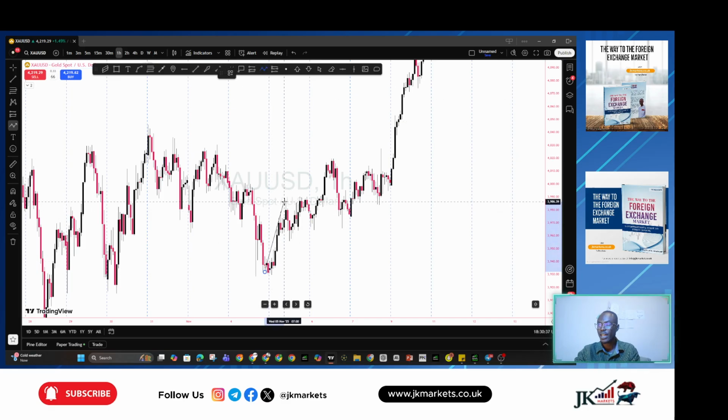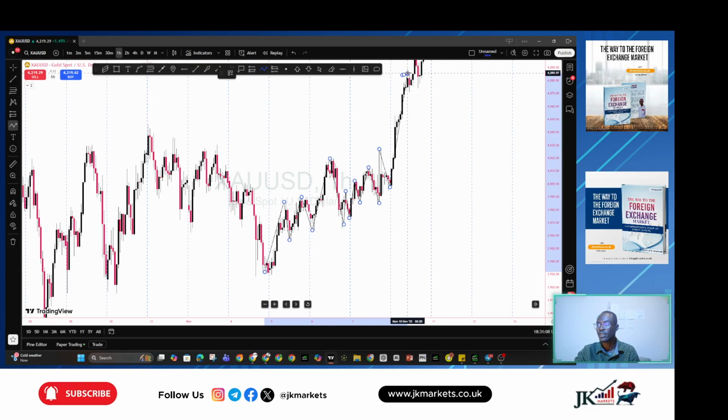This is a higher high, higher low, because this one is higher than this, that's a higher high. This is a higher low. This higher high, higher low, buy. Then you can see something here. Higher high, higher low, higher high, no higher low, higher high, higher low, then buy.